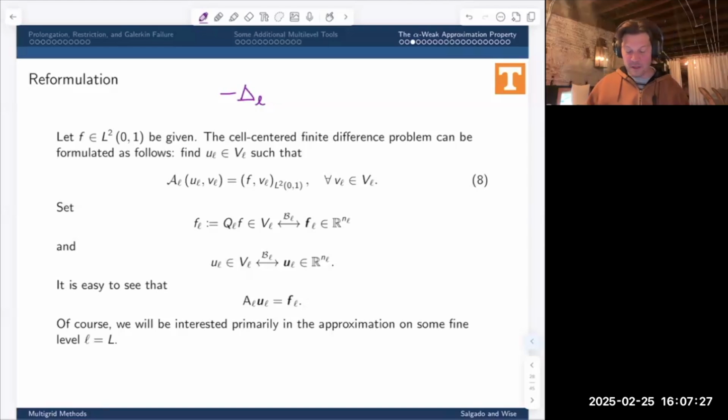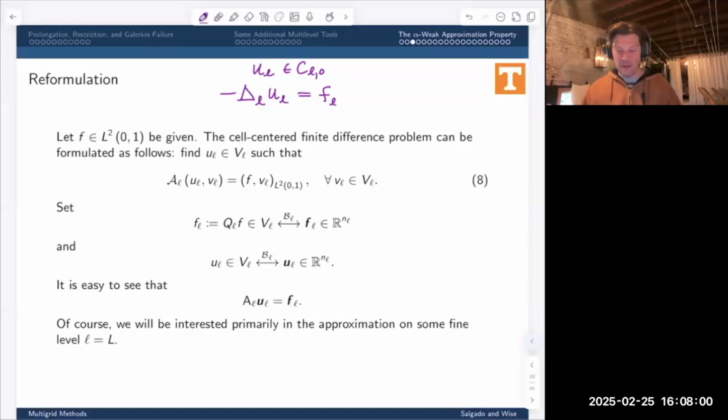We have some finite difference version of the Laplacian operator, and we're looking for a grid function UL that satisfies this equation given FL. Now, we can do one of two things. We can build the boundary conditions into the finite difference operator, or we can just demand that our solution comes from a space of solutions that have the homogeneous Dirichlet boundary conditions attached to them, which is represented like that.